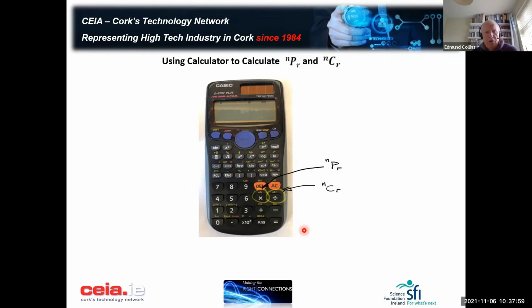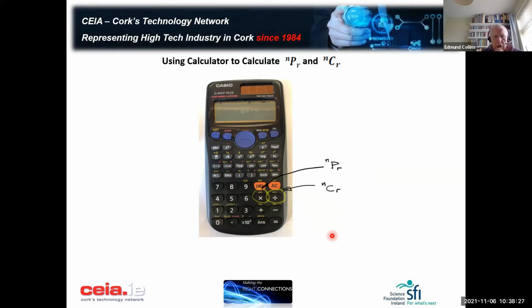Now, earlier on, I talked about the use of calculators when working with nPr and nCr. So it's very important that you're familiar with your calculator before going into the exam, that you check that it's an approved calculator for the exam, so you get some information on the exam website.